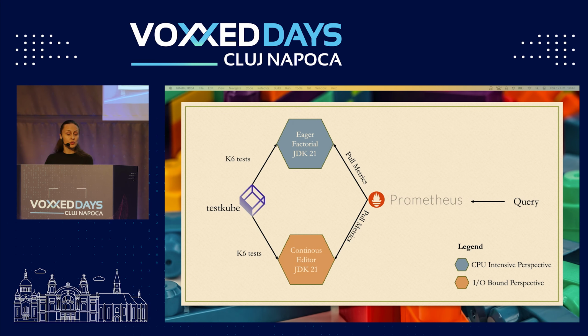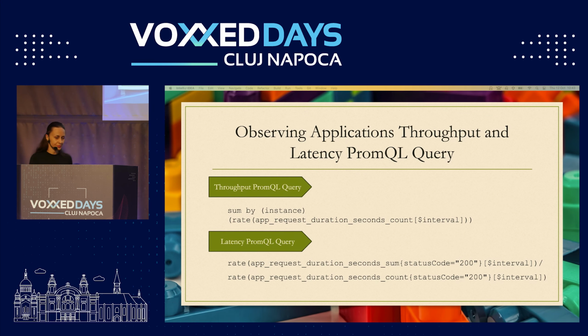Now, I said that we need to observe the applications, so I need a way to observe the application throughput, and I can do that, of course, with a PromQL query. For my application, the app request duration seconds count is giving me that, and I'm getting the rate for that specific amount.